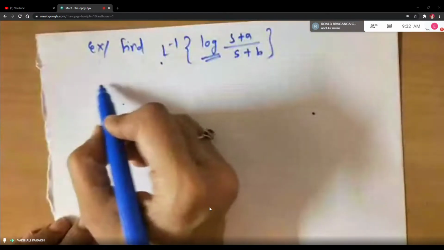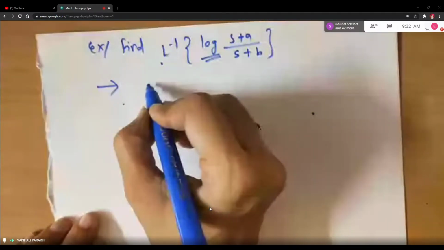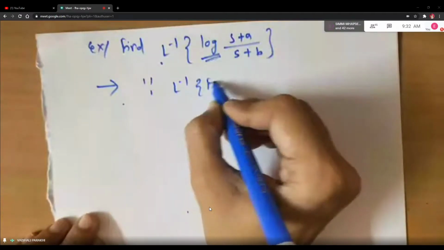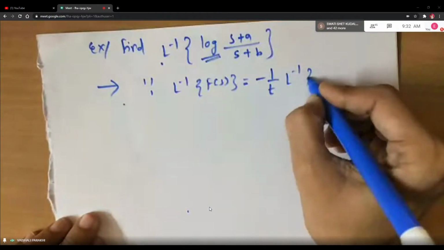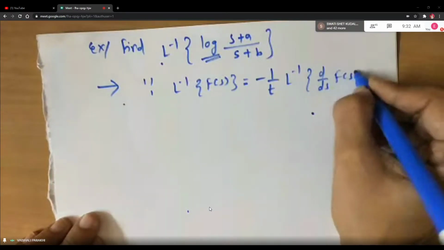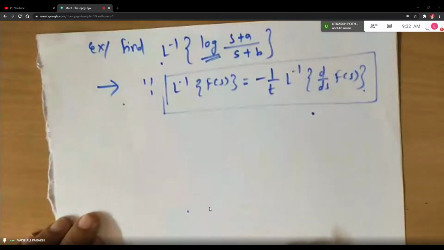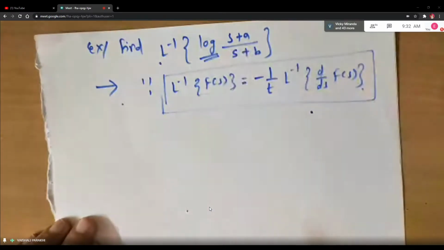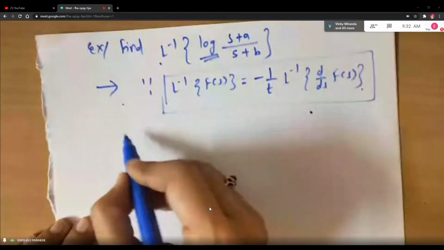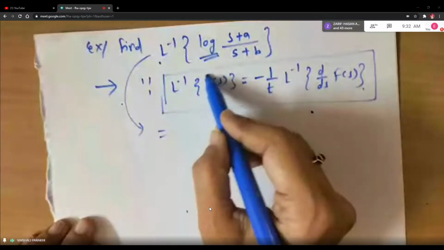So let us write the formula first and then see how it works. What the formula says, students? L inverse of F of s is equal to minus 1 by t L inverse of d by ds of F of s. So remember this formula. Now you need to know how it works for our problem. So now the right hand side of this will be, what is F of s here, students?